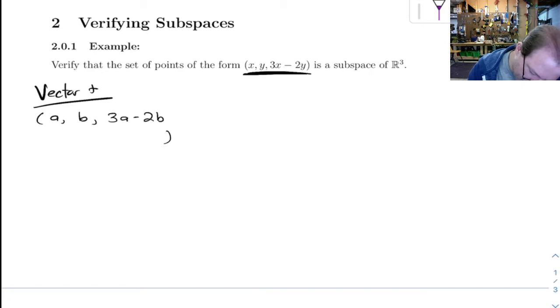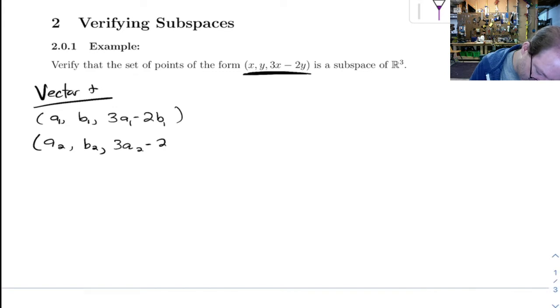Now I could pick a second one by using a different variable, or I could decide to just subscript these things. So that's a1, b1, and then a2, b2. And then this will be 3 times the first minus 2 times the second.